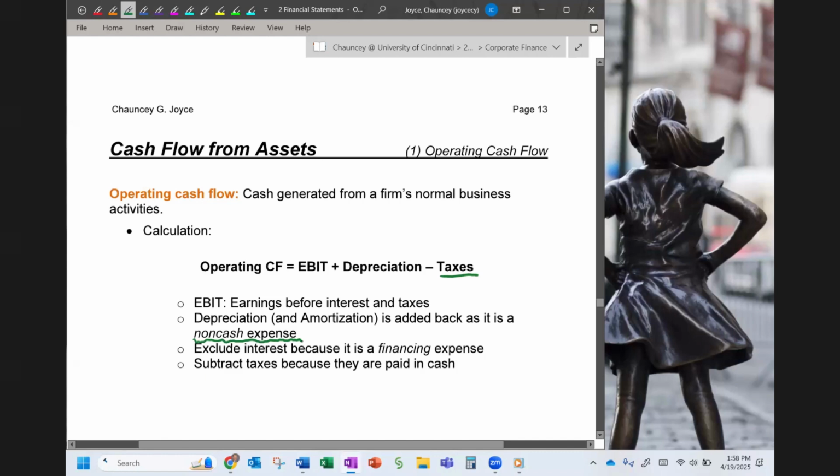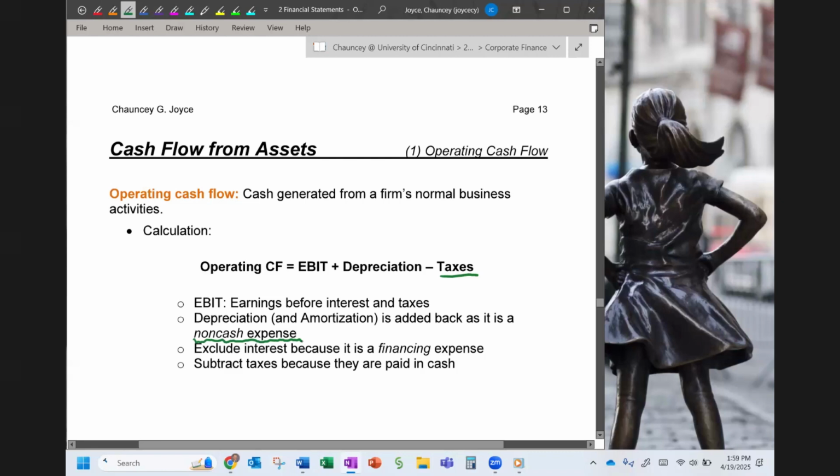You exclude interest because interest is considered a financing expense, not an operational expense. And you deduct taxes because we do pay these in cash, and that is a part of your operations. So this is your equation for operating cash flow. You could plug that in for the component up here above. So operating cash flow itself is a subset within this entire equation here.